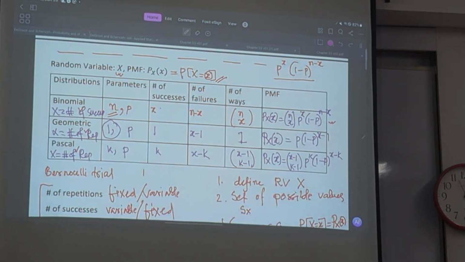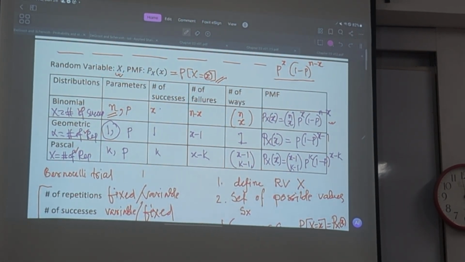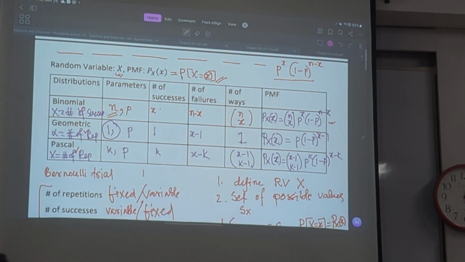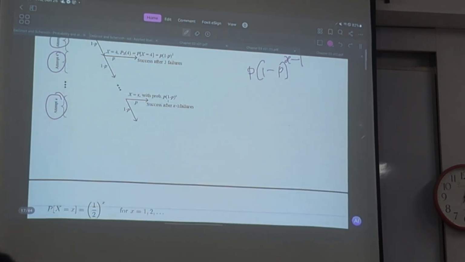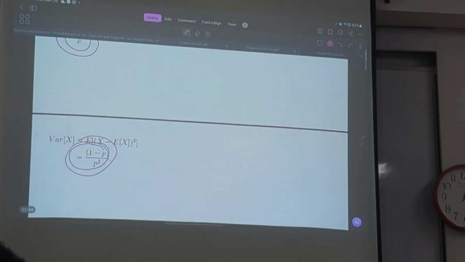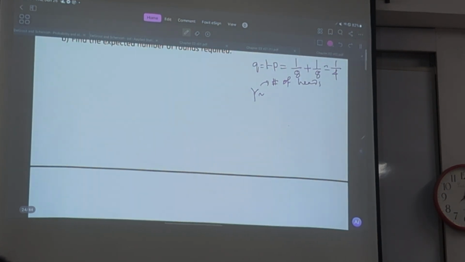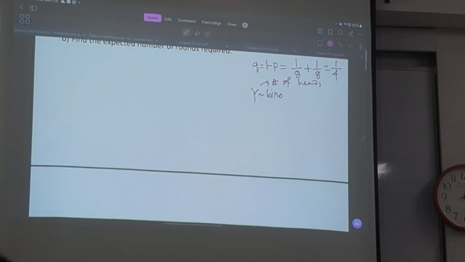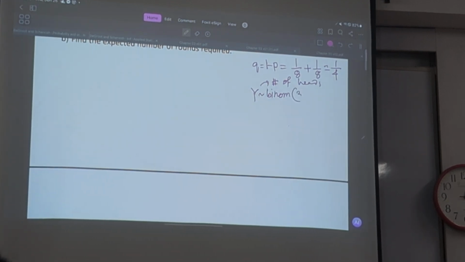For binomial, X is the number of successes. So it is binomial with parameters n = 3 and p = 1/2.